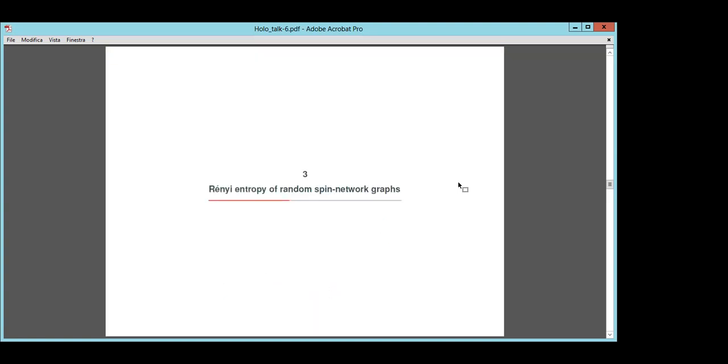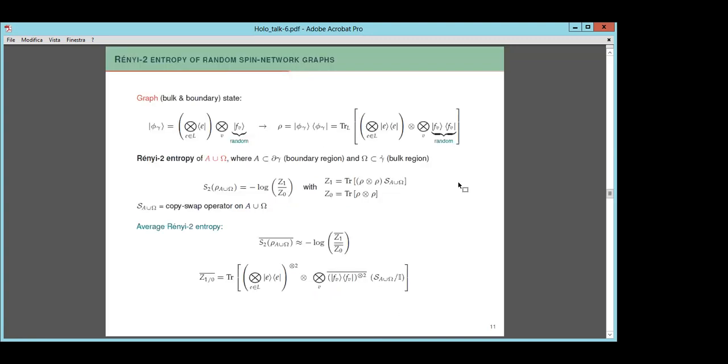So our goal is to compute the entropy of the reduced bulk state for a spin network graph and see if it is maximally mixed. So see if the corresponding bulk to boundary map is isometric.